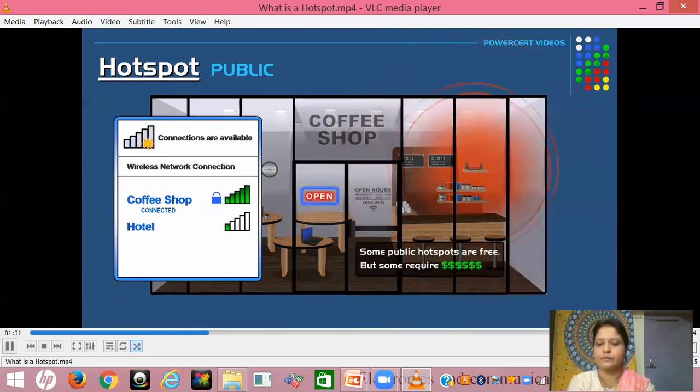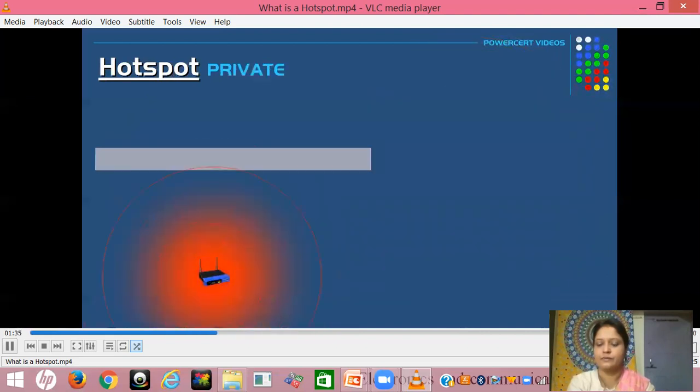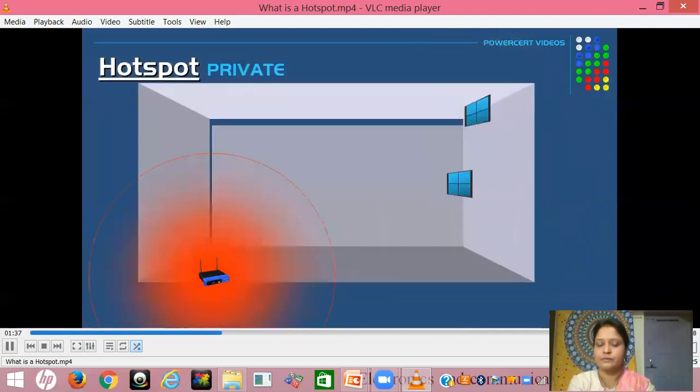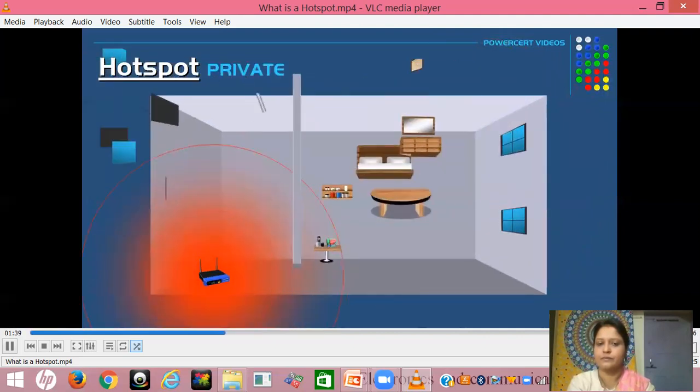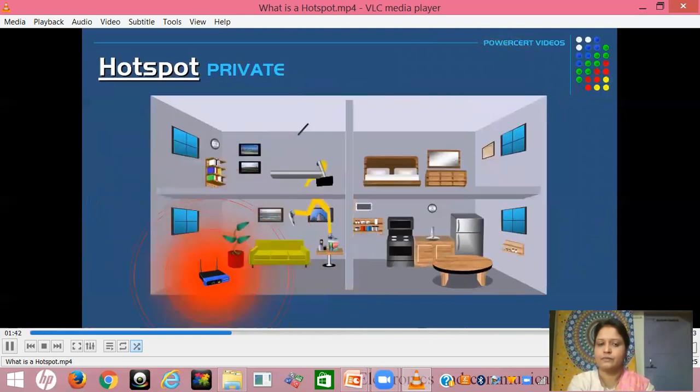So these were examples of public hotspots. Now, an example of a private hotspot would be something like your home. Most people who have an internet connection in their home would have a Wi-Fi router that would broadcast a wireless signal so that anyone inside their home, such as family and friends, would be able to access the internet.